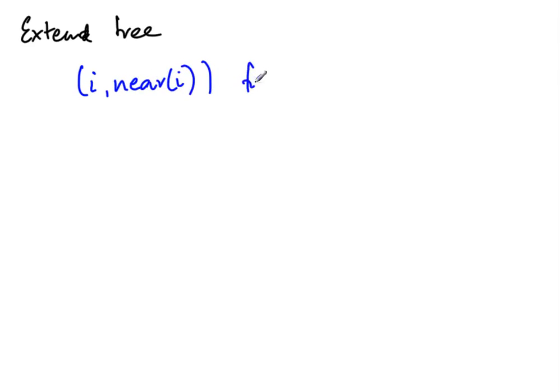So now let us see what happens when we try to extend the tree. So we look at this edge I, near of I, for each I which is not in the tree. Right? And then among these, we pick the minimum one.